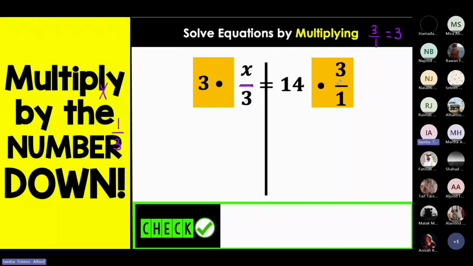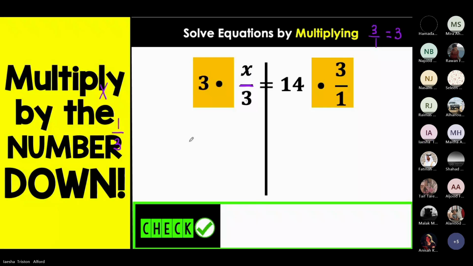You have to decide for yourself which one you're going to go with and keep doing it. But always when you have divide, to make it positive 1, you have to multiply by the flip.